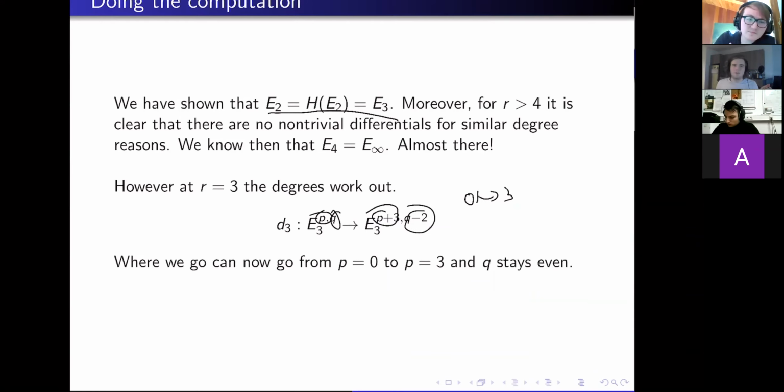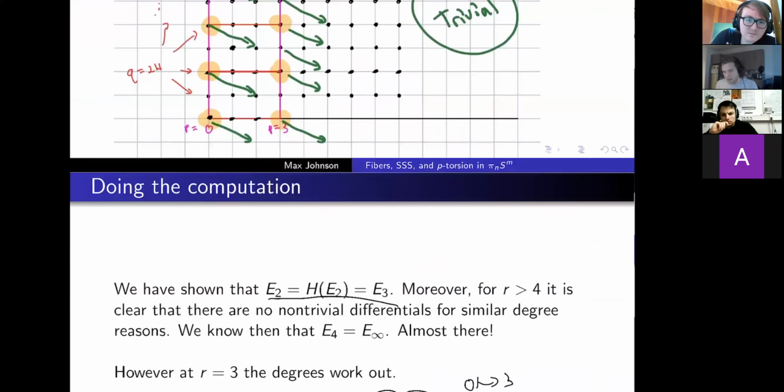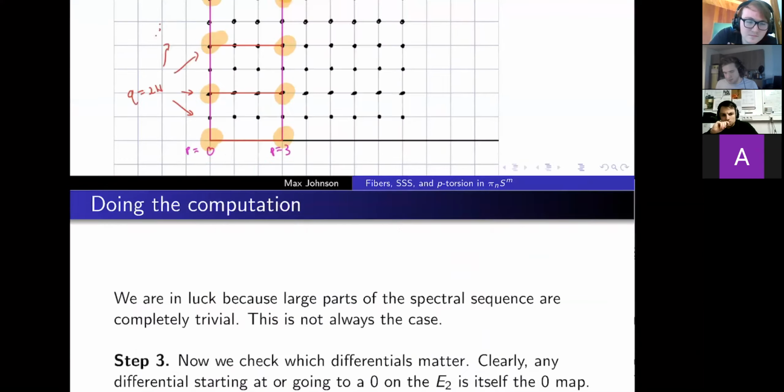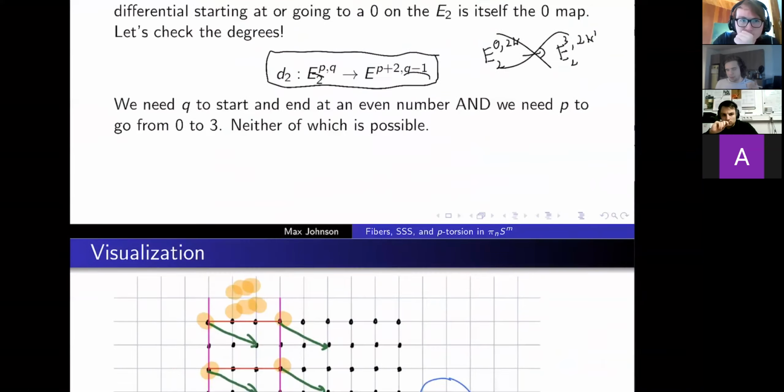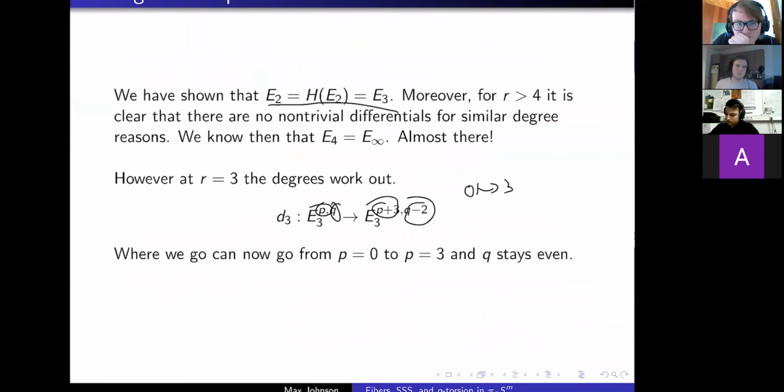So we do have differentials and we want to know what's going on with them. But on the flip side, if I go back to this page here, or maybe this page here, we also know that at page 4, we're going to be overshooting. So there's no way to have any more differentials. So E3 is a problem, but E3 is the only problem. So you take the good with the bad, I guess.